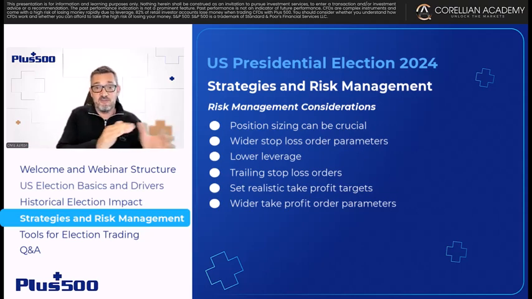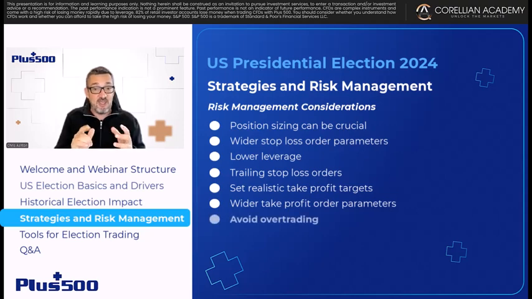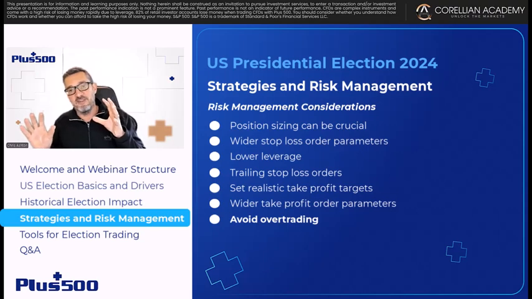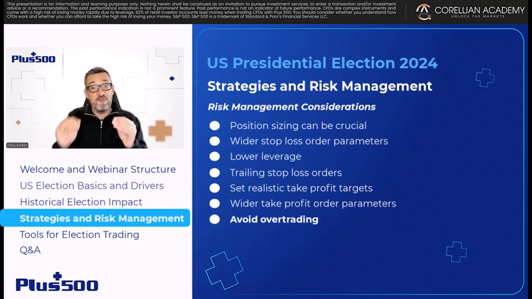You can set these take-profit orders in advance on the Plus500 platform as well to avoid missing out when you're not watching the markets. And finally, it's really important to avoid overtrading. Given the heightened volatility, it can be tempting to make multiple trades. So give careful consideration to any high probability setups you have identified and avoid trying to jump on every single move.